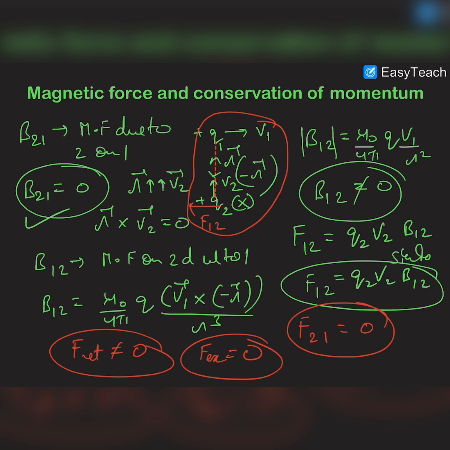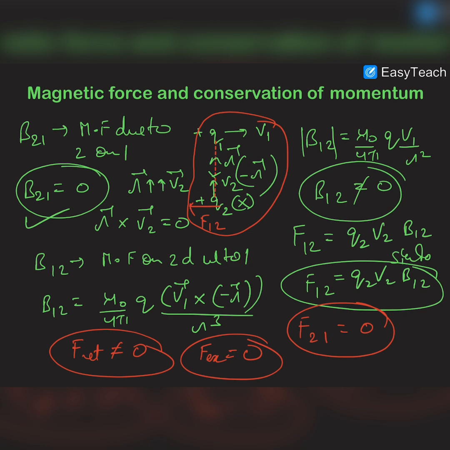So we can say that the net force applied by 2 on 1 is purely electromagnetic, and it is a single force, and the net force applied by 1 on 2 is purely electromagnetic and it is a single force. One component of that force is electric and the other component is magnetic.